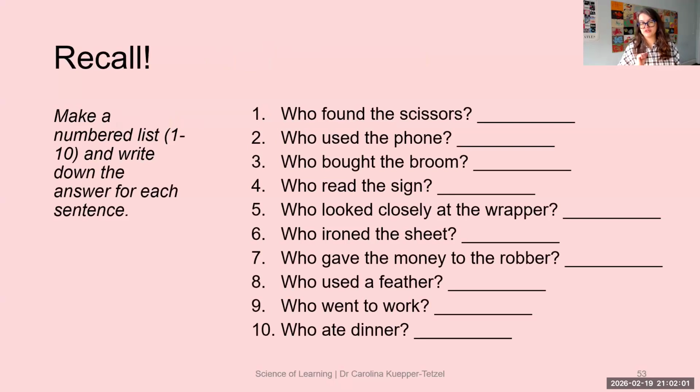Now I would like you to recall this. Okay? Now you can write down anything you can remember.